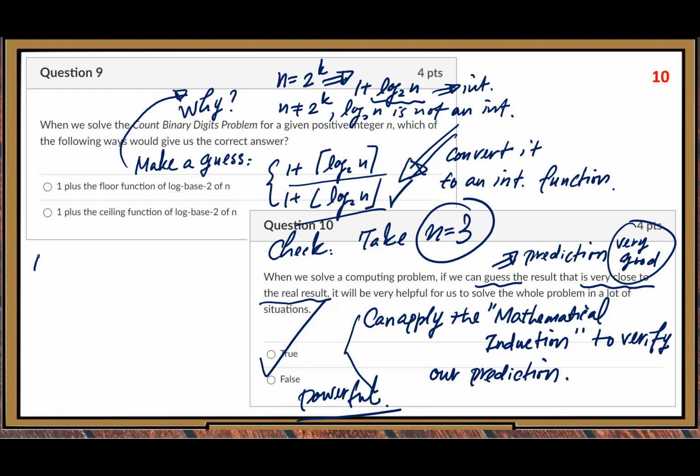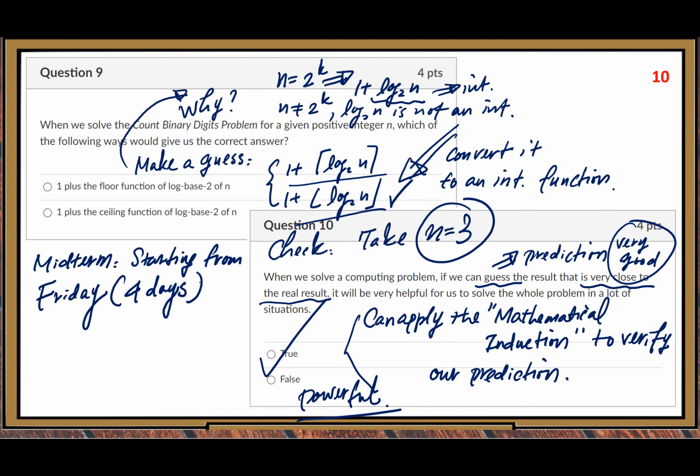So based on our plan, our midterm starts from tomorrow, Friday, with 4 days. 20 questions, not 25.